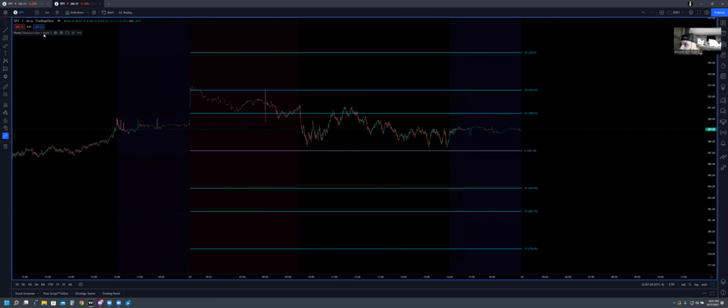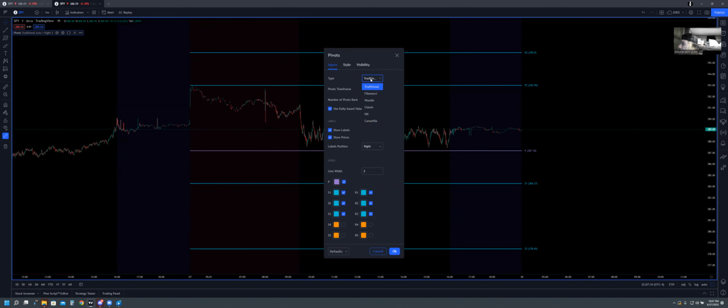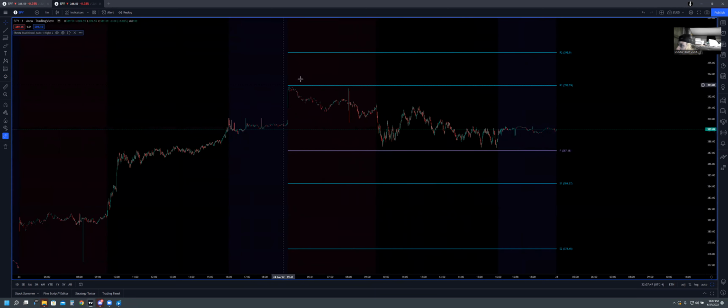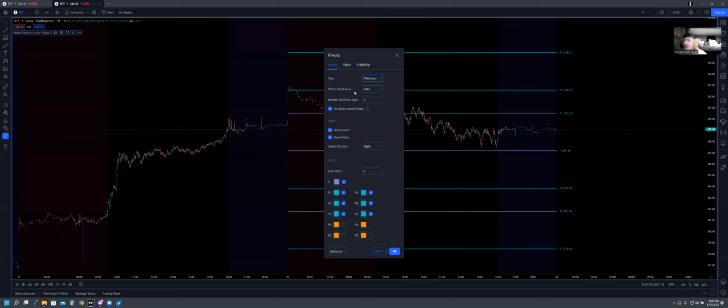By default, you're gonna have these settings, which I'm pretty sure are set to traditional. Let me see what they look like. I don't want to reset my settings. So they are going to be a little different. What I like to do is set up the pivot points, go to type, and change the type to Fibonacci.